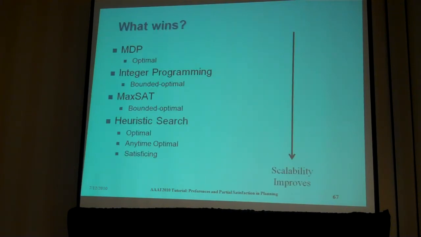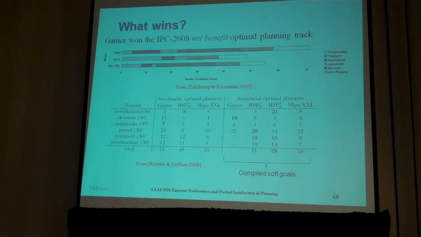Okay, so here's the big question. What wins? I already went over this. The scalability tends to be in this way, where MVP is optimal but terrible in terms of scalability, at least using the SPUDS solver. And heuristic search tends to be quite good. These are taken from two recent papers. This is Gamer. It turned out to win the planning competition.